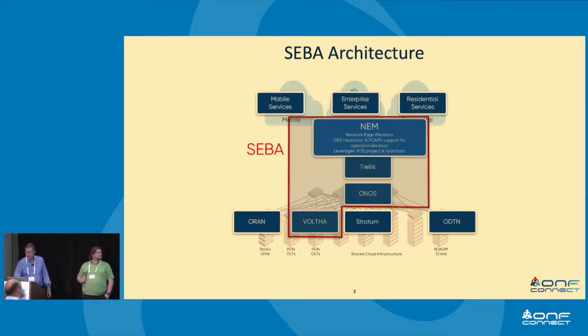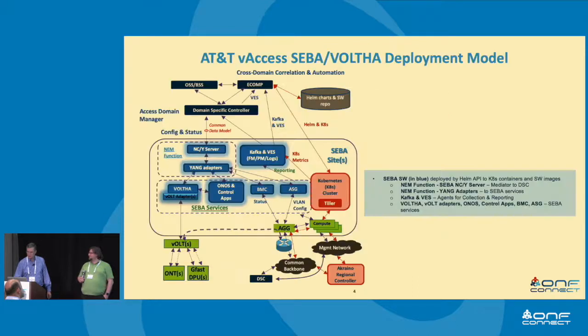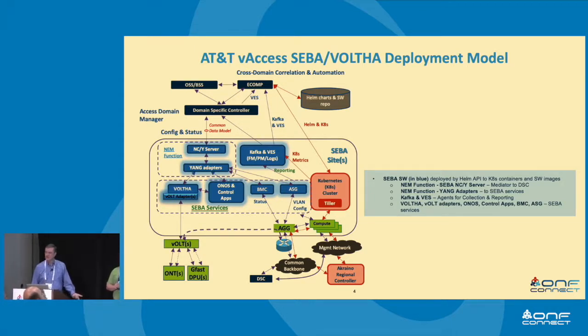And so I guess I'm going to say we have, from within AT&T, for example, a sort of deployment model in mind with SEBA, and we've shared this, of course, with our workflows and whatnot. And you can see here with the blue highlights in this picture, the components that we're intending to consume within AT&T for the SEBA architecture.